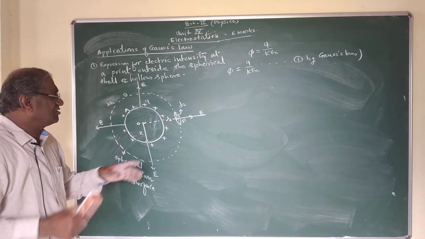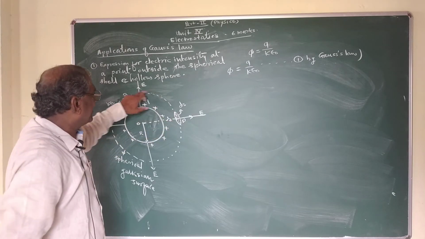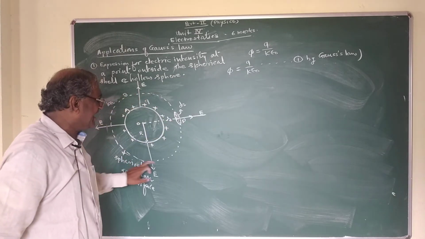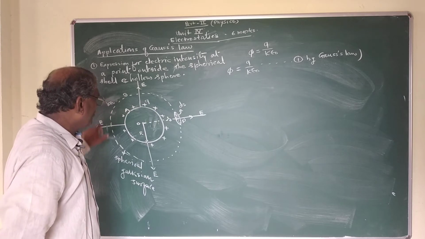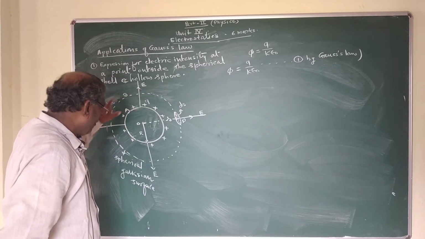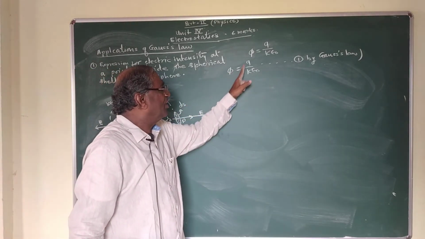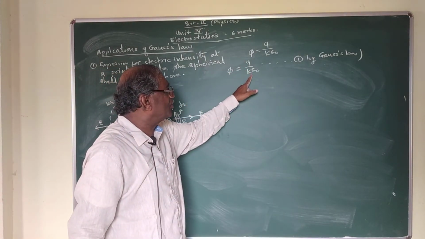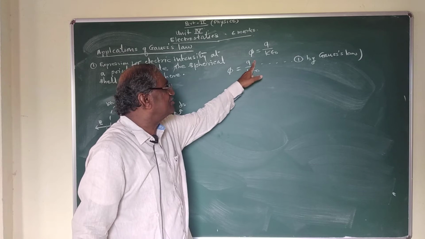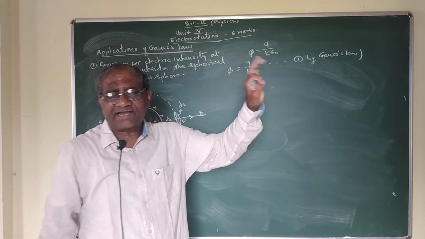By using Gauss's law, the total electric flux, the net electric flux passing normally through a whole Gaussian surface, is found to be equal to 1 upon K epsilon 0 times the total charge enclosed by that surface.